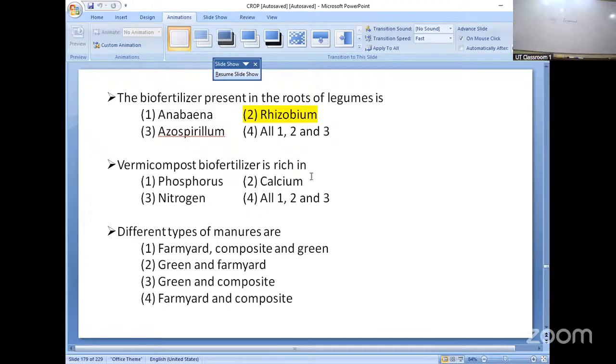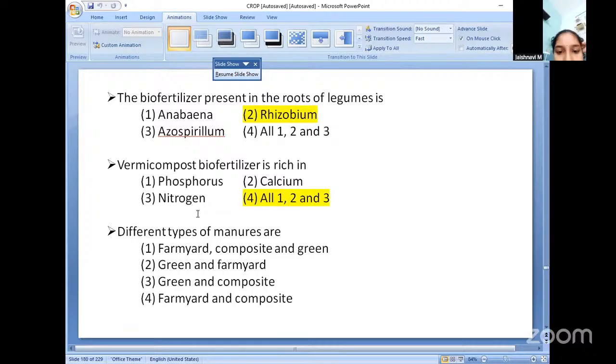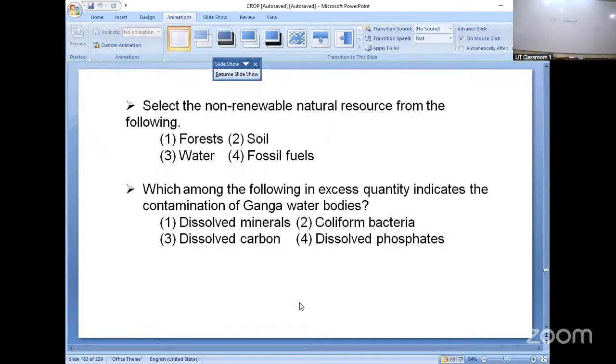Vermicompost fertilizer is rich in all three. Different types of manure: farmyard, compost, green. The first one is correct.